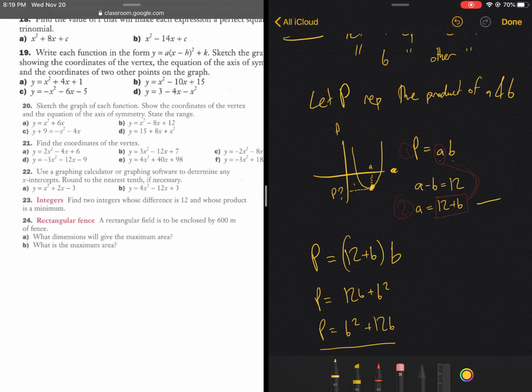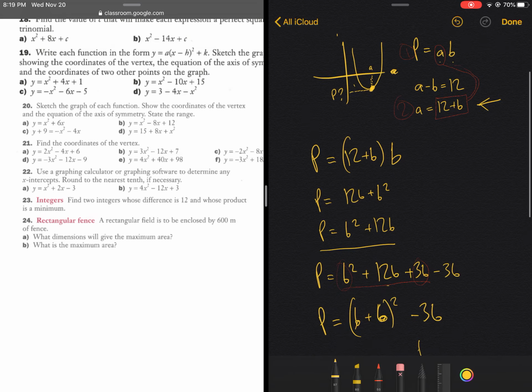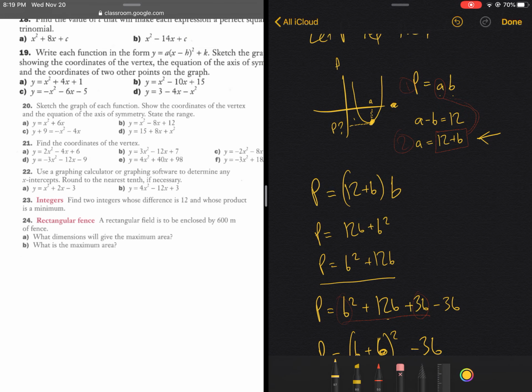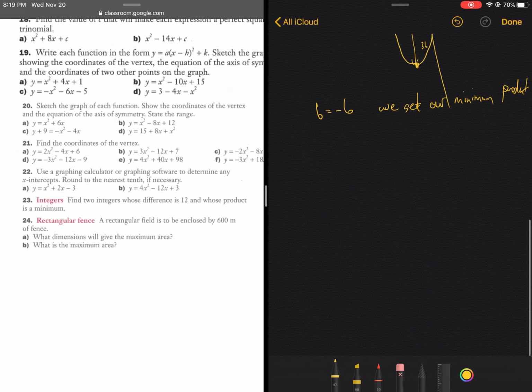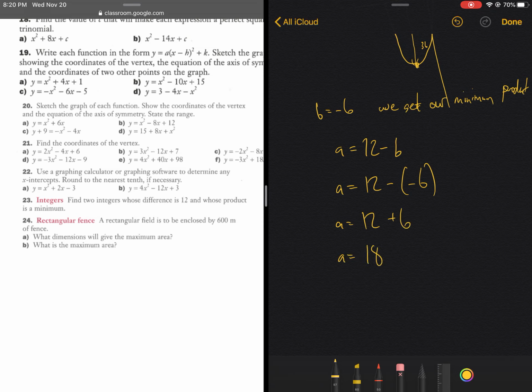A equals 12 plus B. When B is equal to minus 6, A is 12 minus 6, so A is 18.